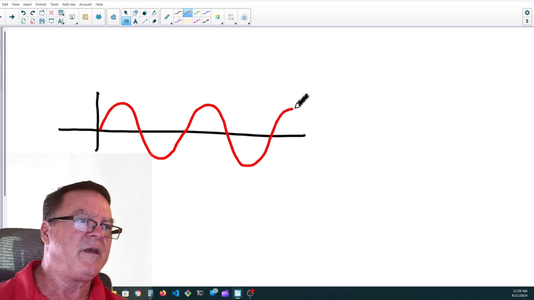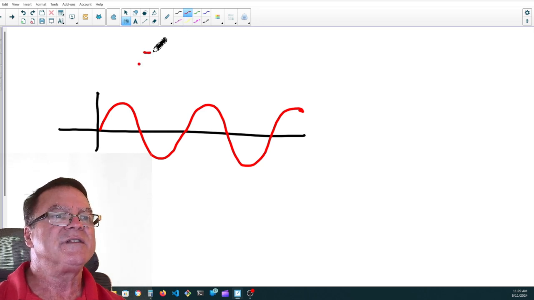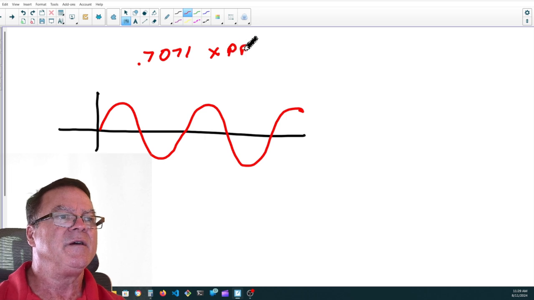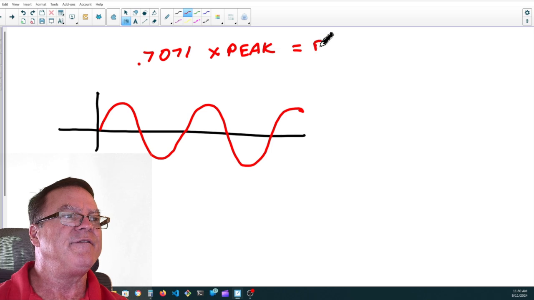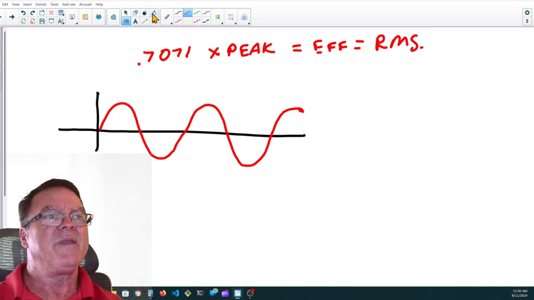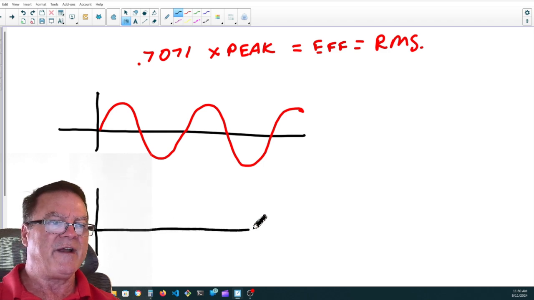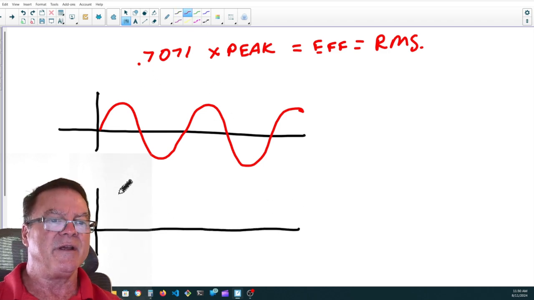Now, out of this, I'm going to get 0.7071 times peak. That's how much work I can get done, and that's called the effective value. It's also known as root mean square. But if I take a rectifier, and we don't really know what that is yet, so don't worry about it. We'll find out what a rectifier is here in a minute.